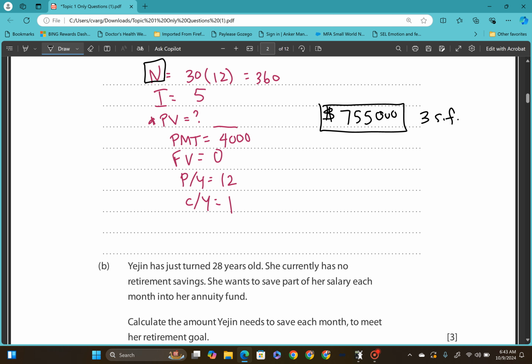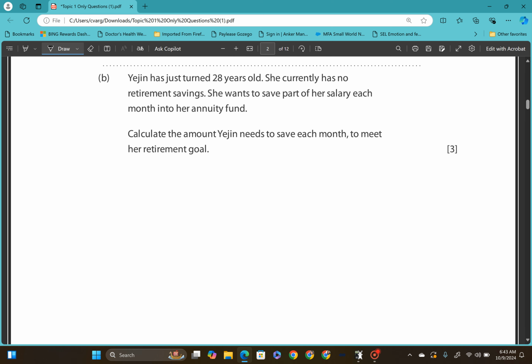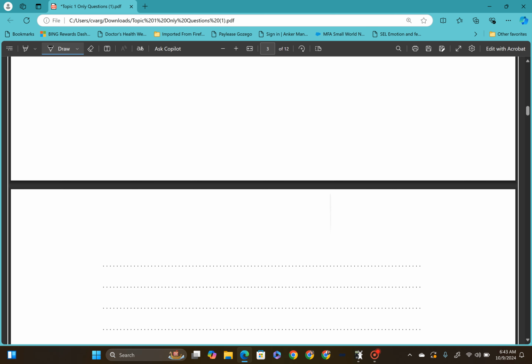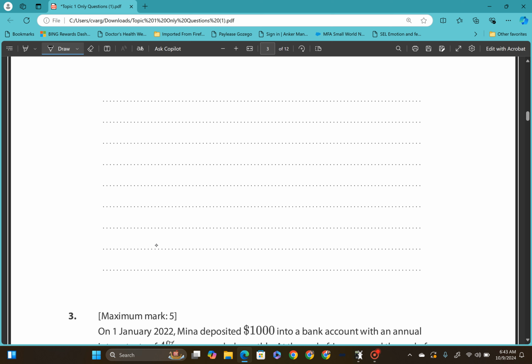All right. So now she's turned 28 years old, has no retirement savings. So now if you take a look at what to put in our N, our I, our PV, our payment, our future value, I'm just going to write down the things from the calculator, right?